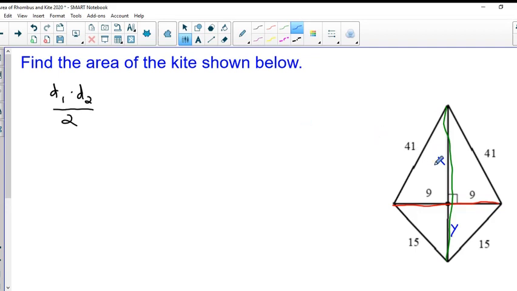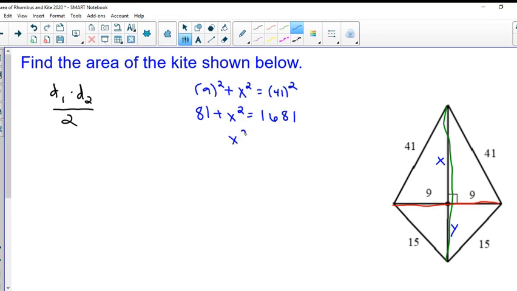So for my first Pythagorean theorem, I'm going to solve for x. My right triangle is right here using the 9 and the 41. So we're going to have 9 squared plus x squared equals 41 squared. Doing some simplifying, we have 81 plus x squared equals 1681.